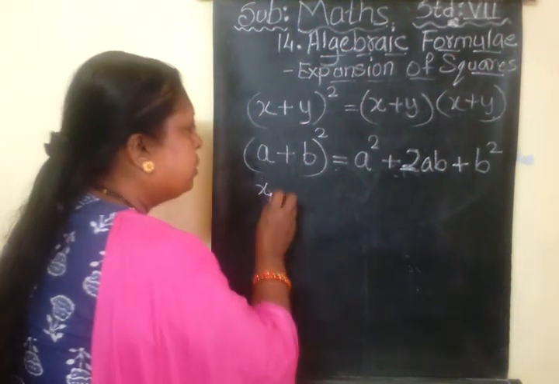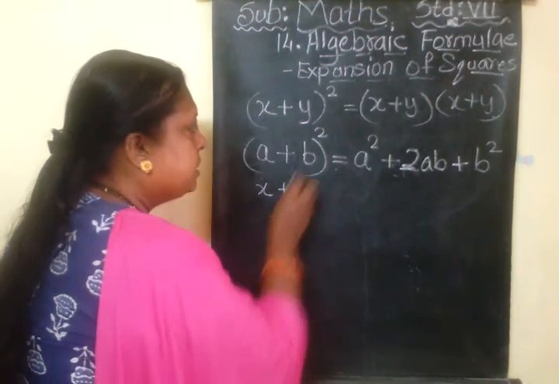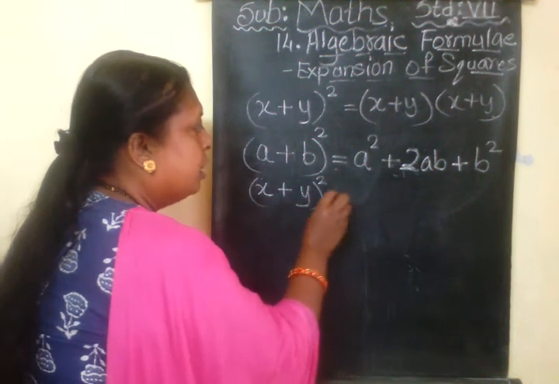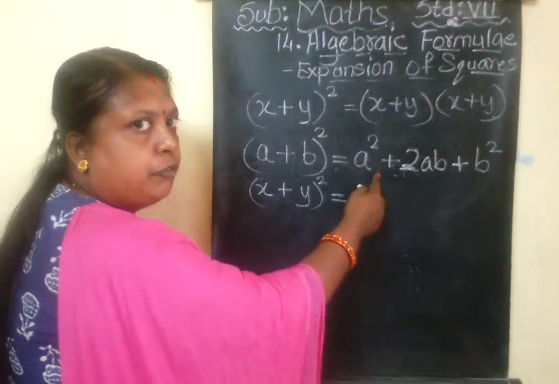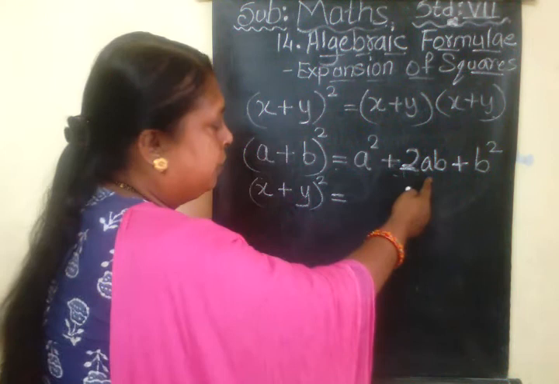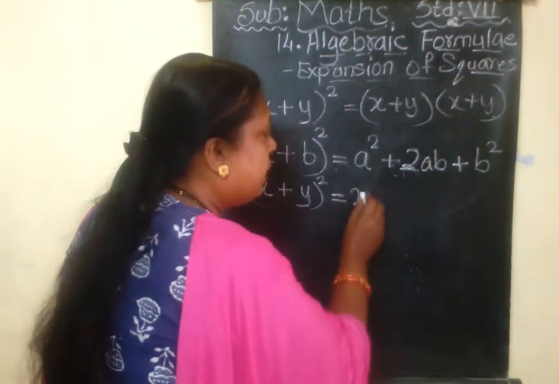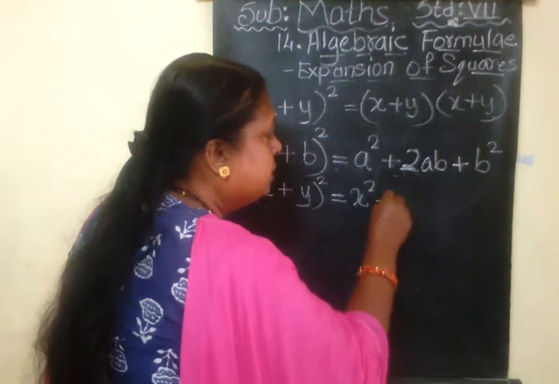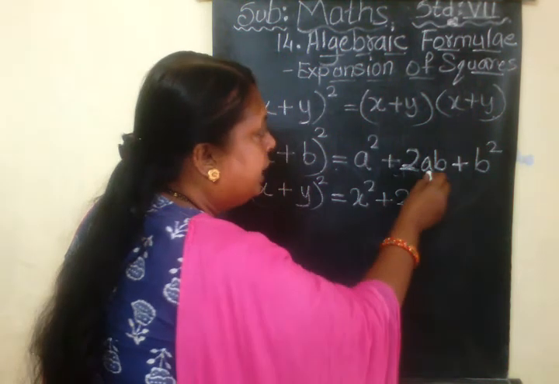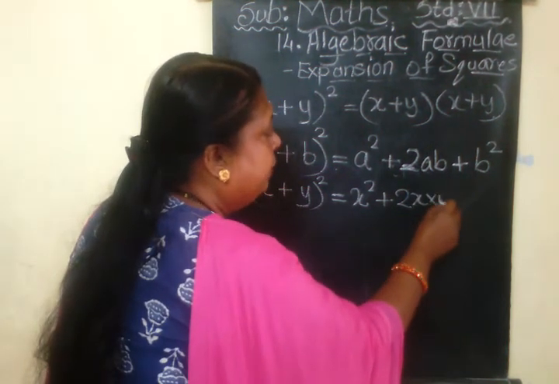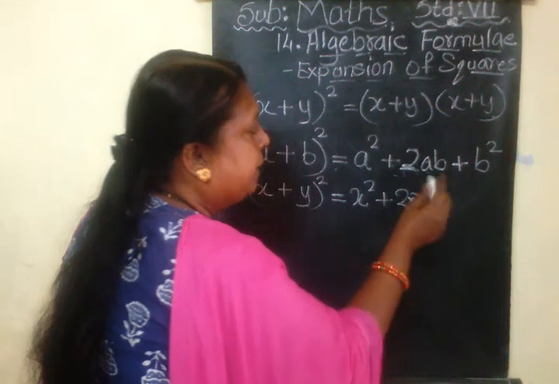So in place of a I am writing x, and in place of b I am writing y, the whole square. So according to this expansion formula, in place of a I have to write x. So x square plus twice a, that is x, into b, that is y. This is multiplication.